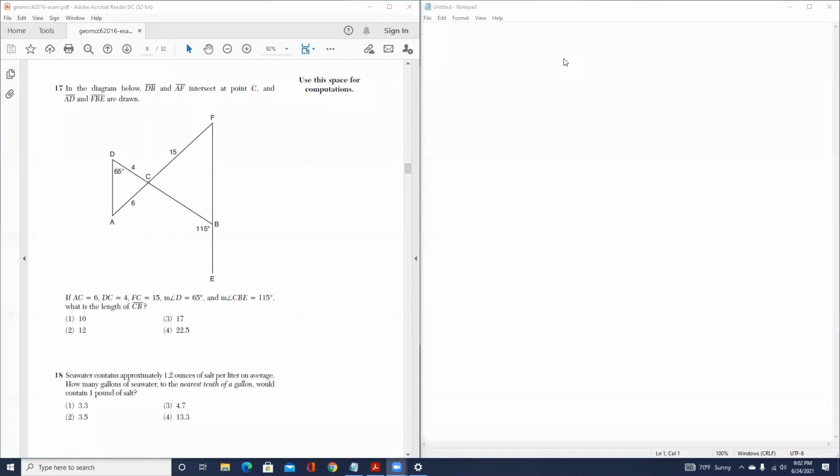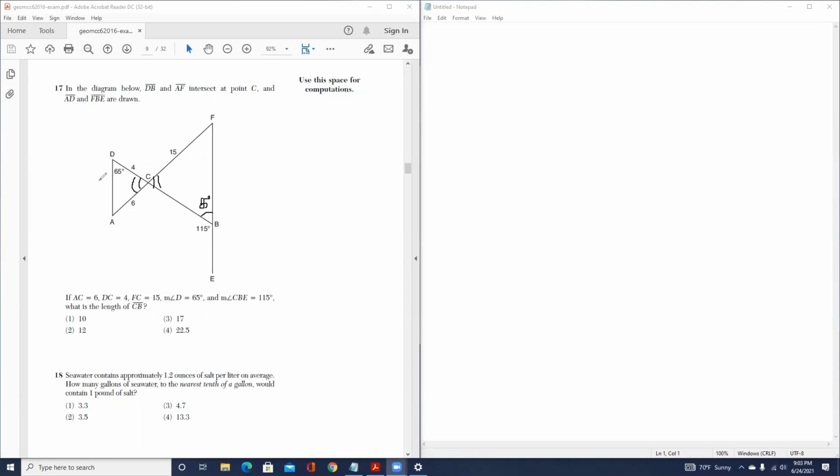So, right off the bat, let's solve for things. We know that because angles on a line sum up to 180 degrees, the measure of this has to be 65 degrees. That's because 115 degrees plus 65 degrees equals 180. We also know that these two angles are congruent because they're vertical angles.